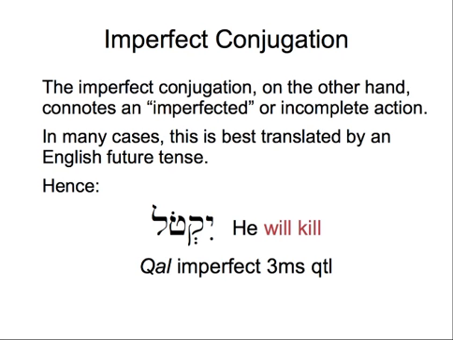Now, if you're looking at prophecy, prophetic foretelling, or in some cases direct discourse with people, particularly think of God speaking to Abraham, "Abraham, I will do this and I will do that," then we'd expect the imperfect conjugation because we have it translated into a future tense. These actions that are imperfected have not occurred yet, and so it seems most logical to translate them with a future tense.